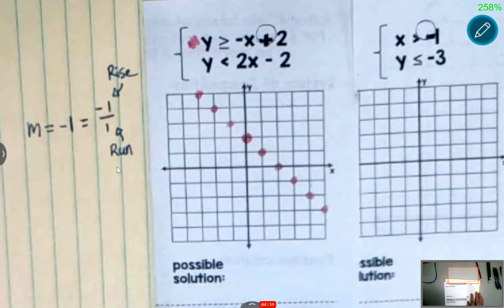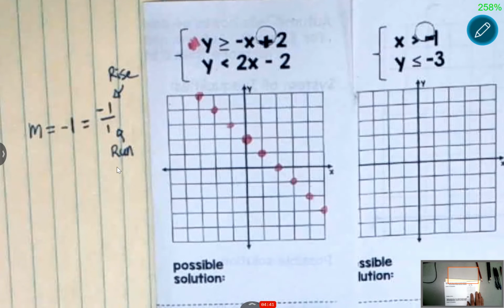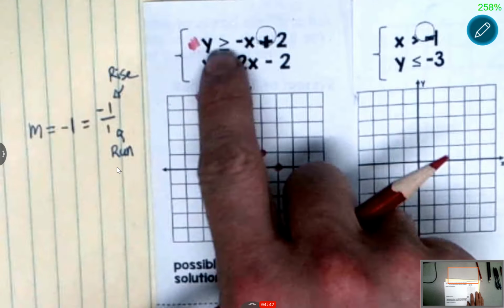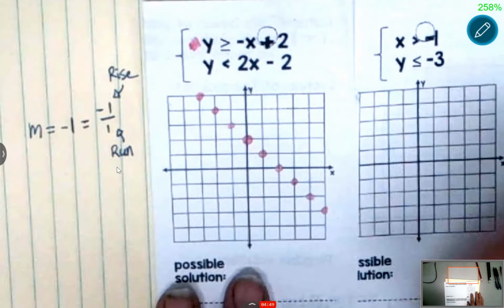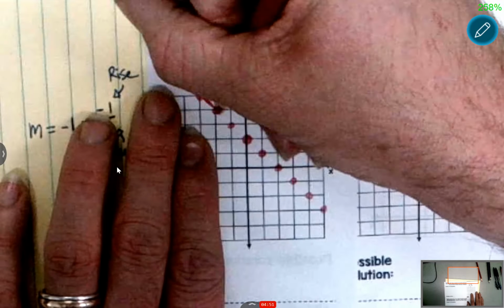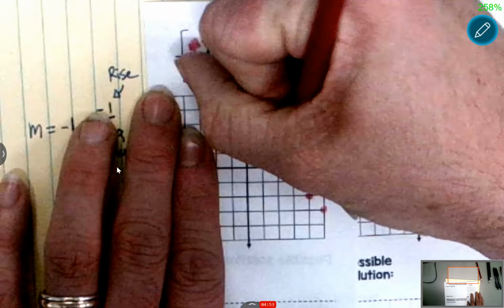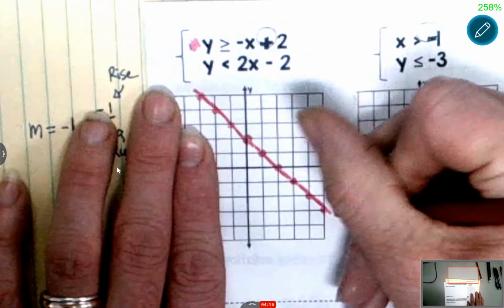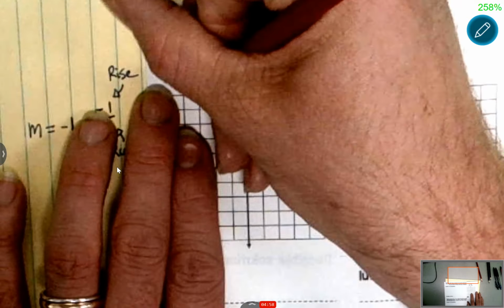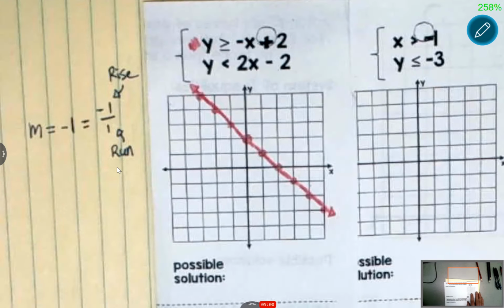And then I'm going to use a solid or dashed line to connect these points. A solid line because y is greater than or equal to the line. So I can use a solid line here. So now we have our boundary line graphed.